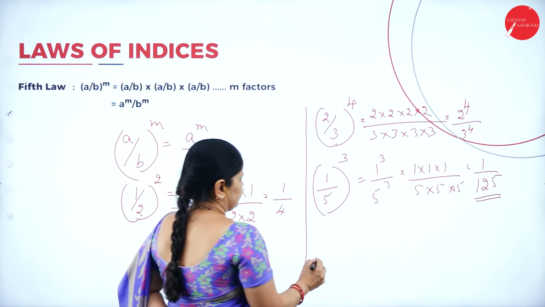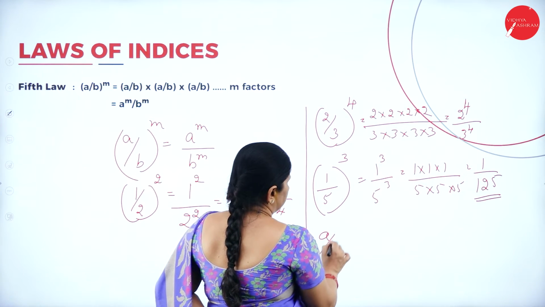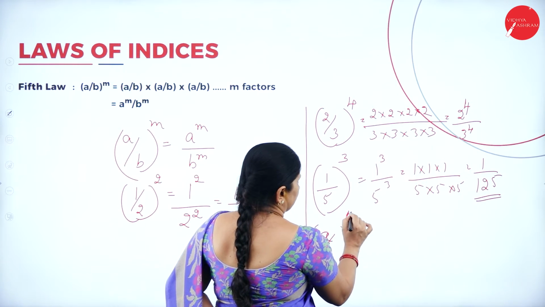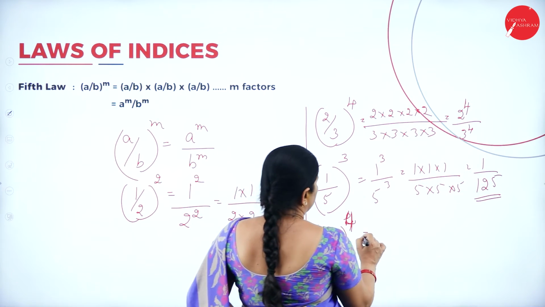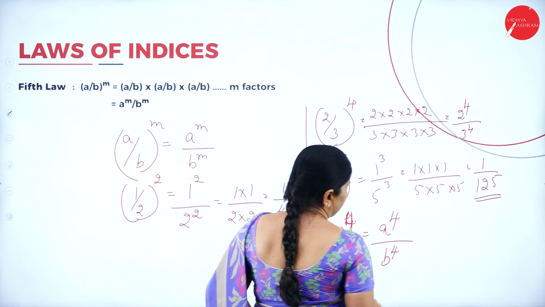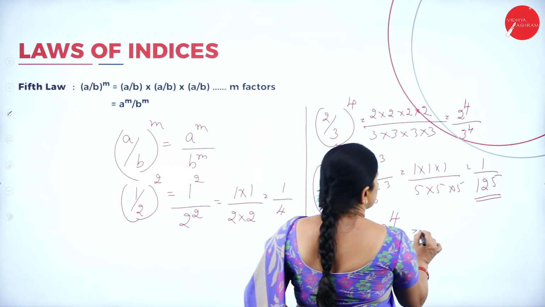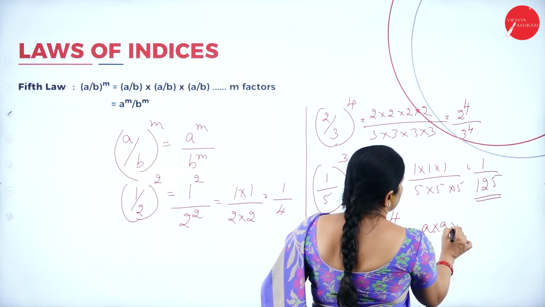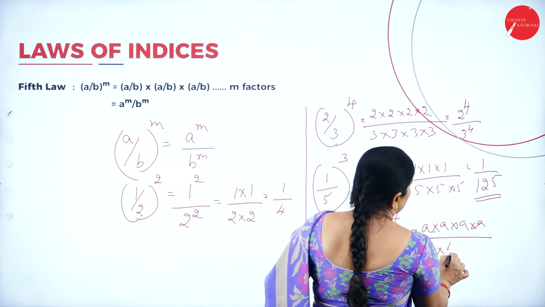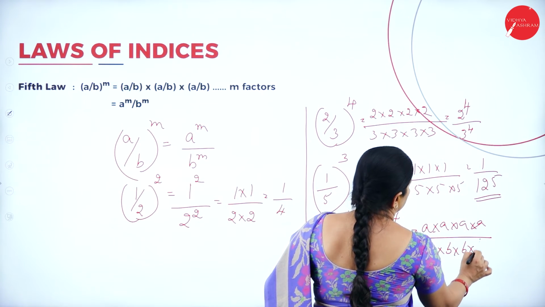Next, I'll give you one more example here. Suppose I write (a by b) to the power of 4. This will be a to the power 4 by b to the power 4. So, this will be a into a into a into a, over b into b into b into b.